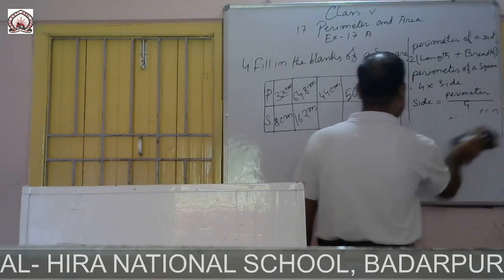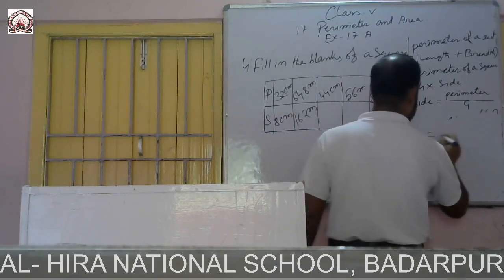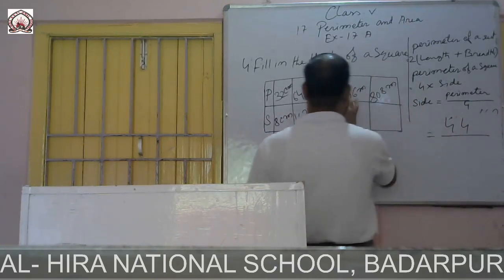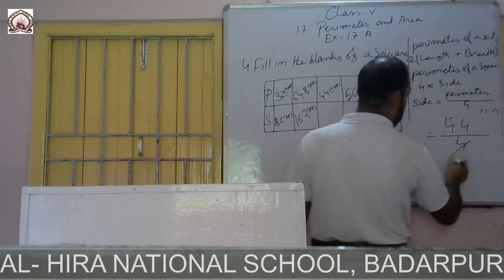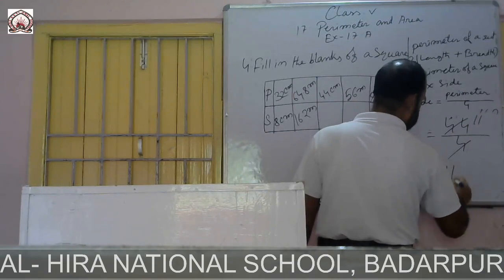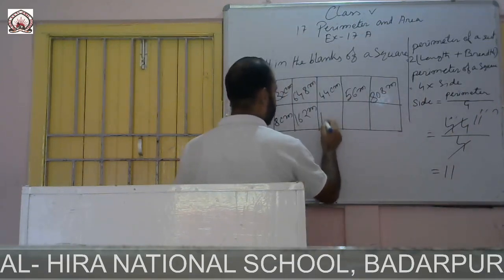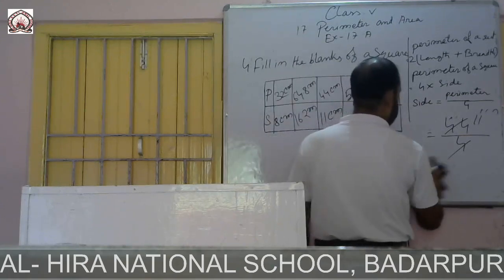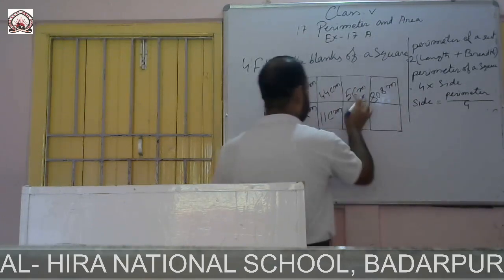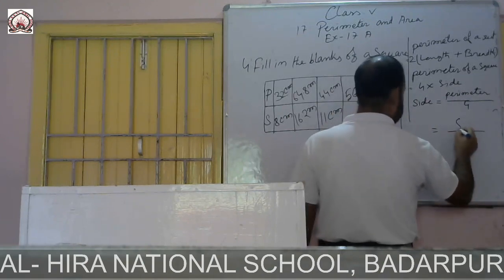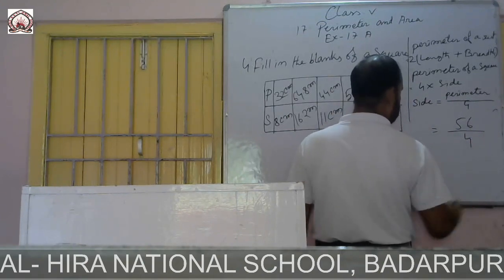Next is 44 by 4. 4 ones are 4 and 4 elevens are 44. Answer is 11 centimeter. Next, 56 by 4.